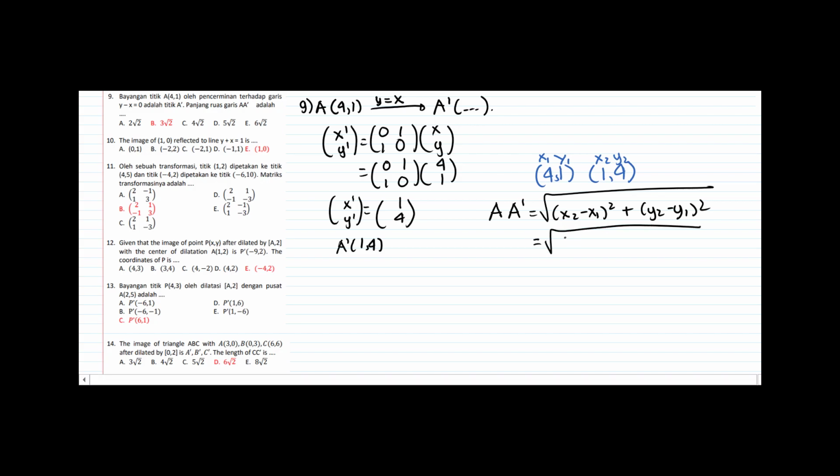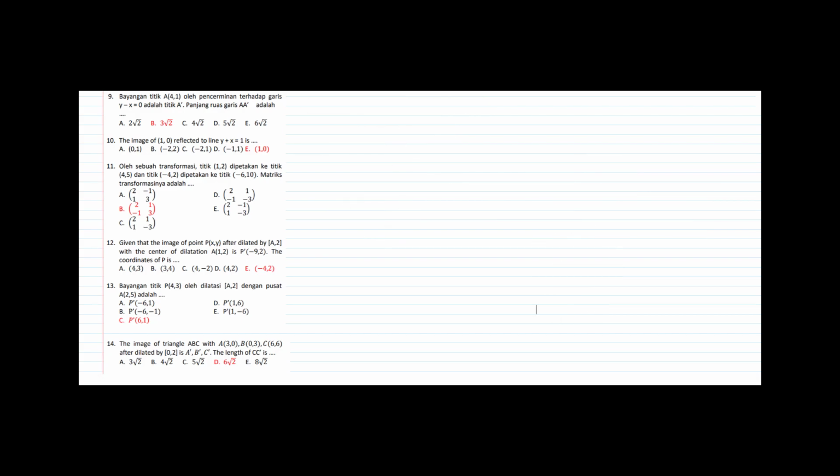It will be (1 minus 4) square plus (4 minus 1) square, 3 square 9, 3 square 9, root of 18, 3 root 2. B.